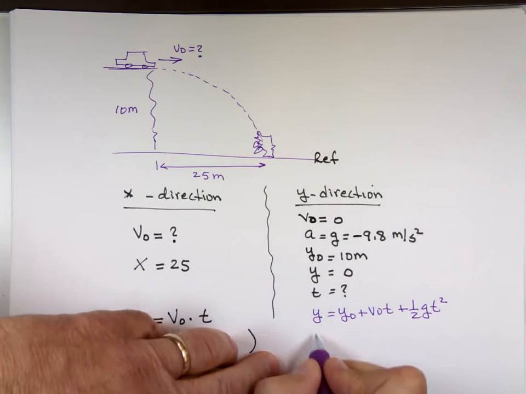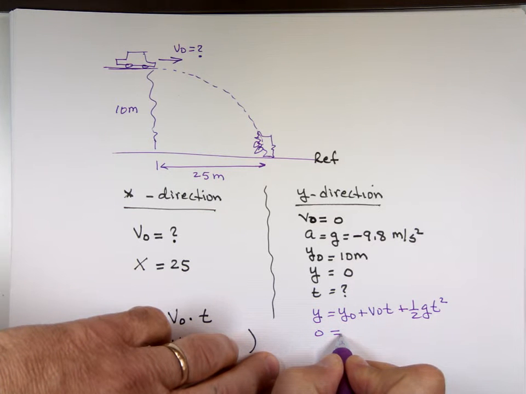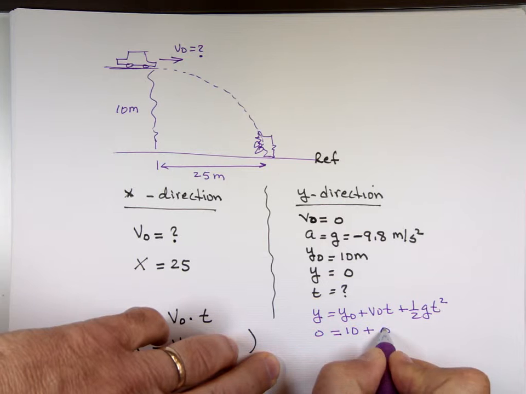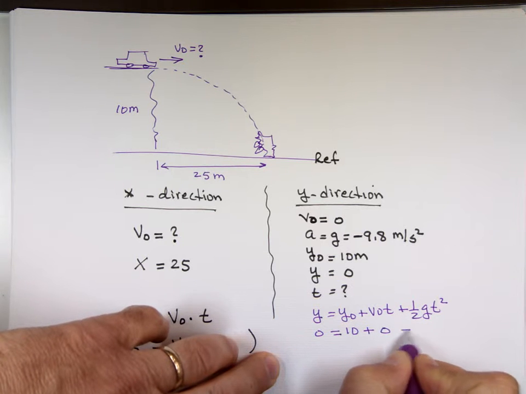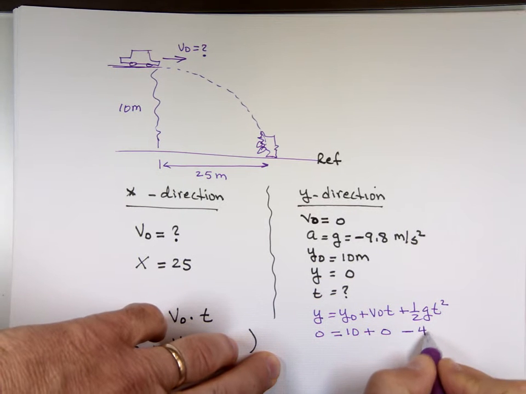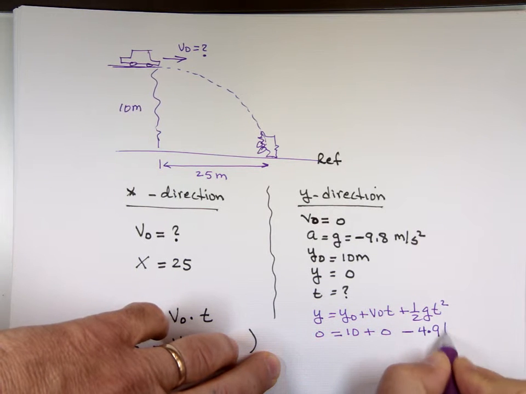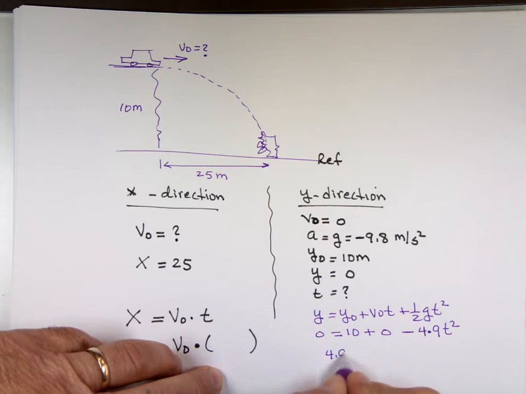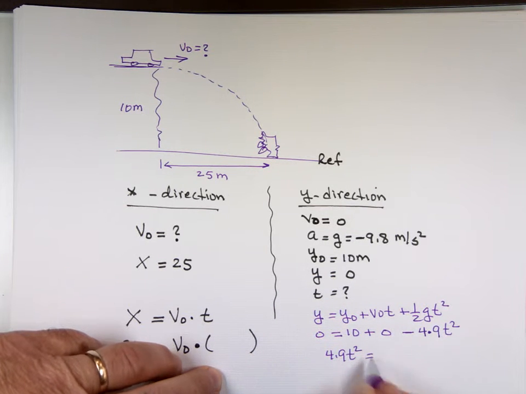Y is 0. What was y sub 0? 10 plus 0. This will be a negative 1/2 times negative 9.8. That's 4.9 t squared. I took the 1/2, I multiplied it by the negative 9.8. So 4.9 t squared equals what? 10?